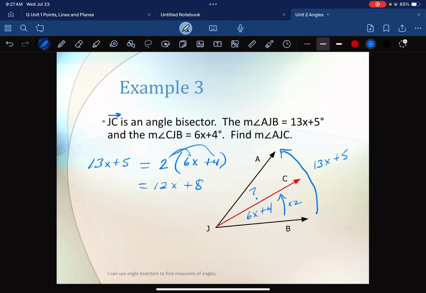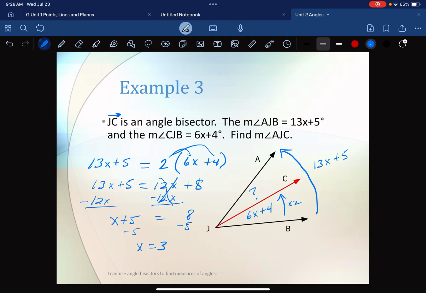That's just doing some distribution there. And I got a 13x plus 5. Well, I got x's on opposite sides, and so I need to get those together. I always move the smaller of the two, and that's the 12x. And so I have x plus 5 equals 8, and then I'm going to get rid of my 5.